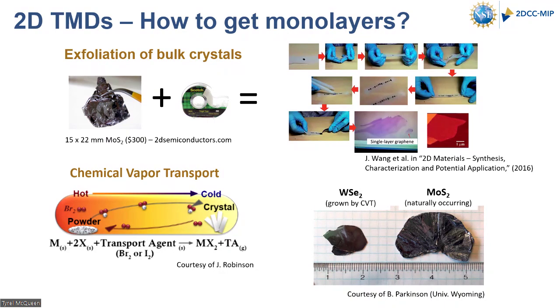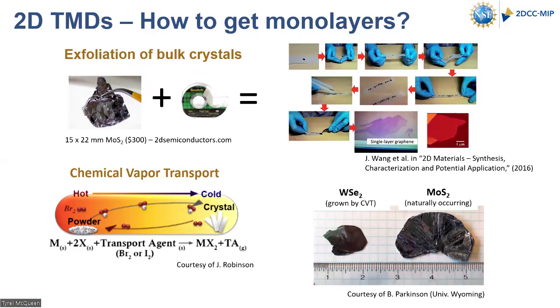Part of the challenge is that it's actually tricky to grow bulk crystals of these transition metal dichalcogenides and get crystals that would be suitable for making wafer-scale materials, right? Here at Johns Hopkins there are experts in bulk crystal growth, but they appreciate the challenges. One of the techniques that's used is chemical vapor transport. This is carried out in a sealed quartz ampule. You put the source material on one side of the ampule.